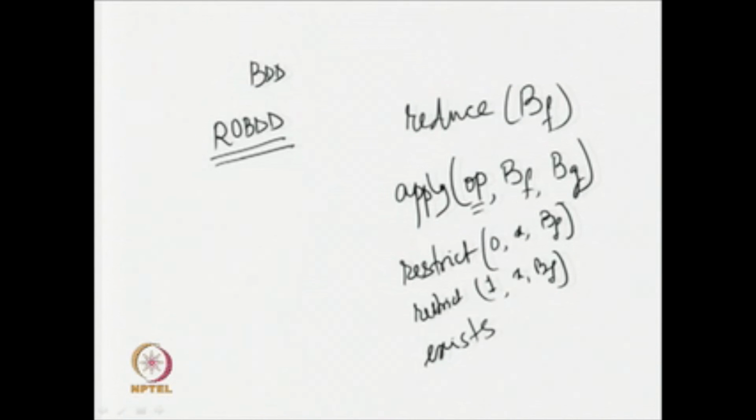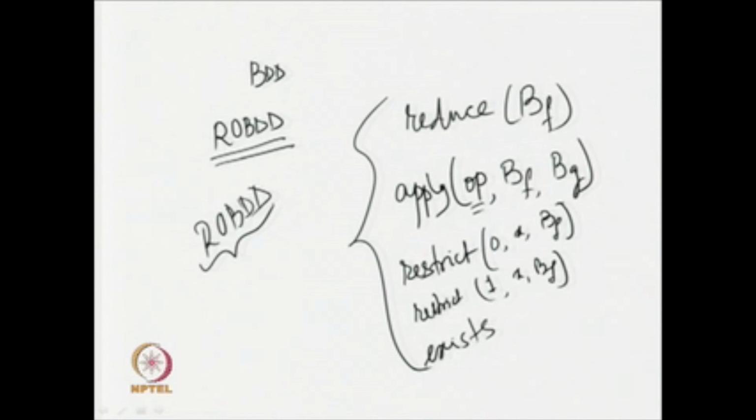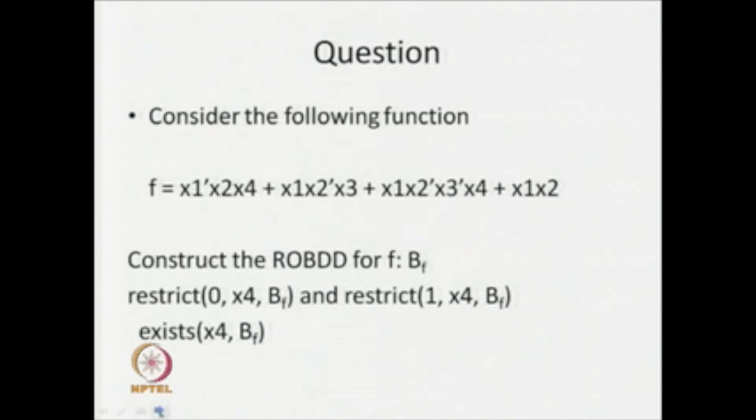Basically, we are going to relax the function on a given variable, or it may be a series of variables. So, these are the algorithms that we have seen which can be directly used on your ROBDD, and as a result we are going to get another ROBDD, where the ordering of the output BDD will be the same as the input BDD.